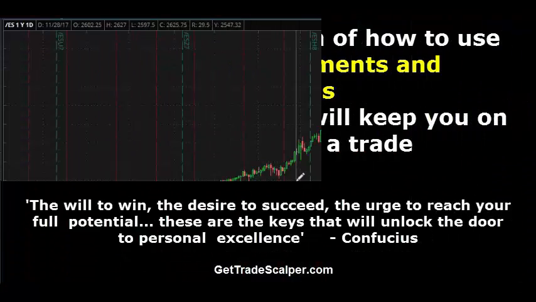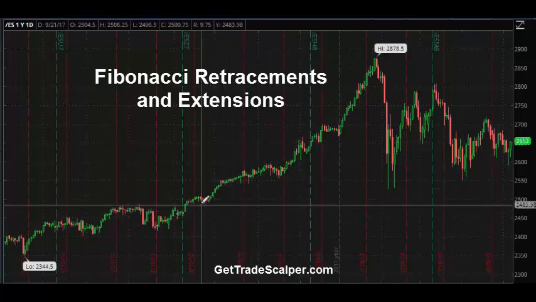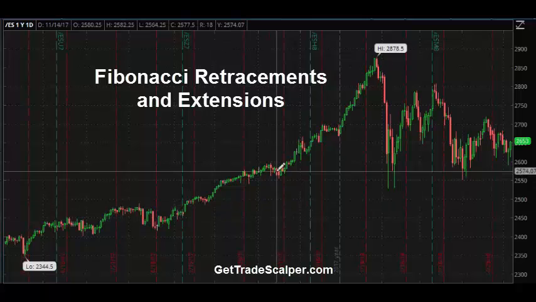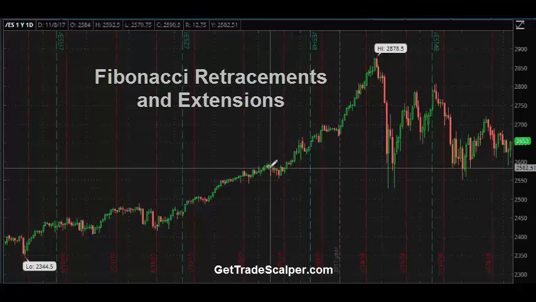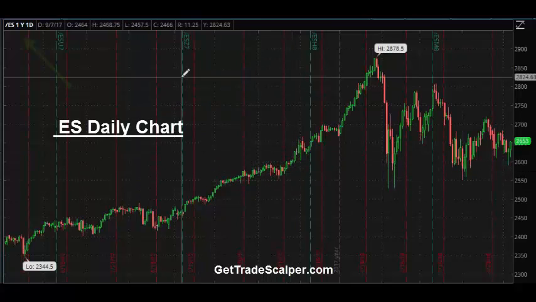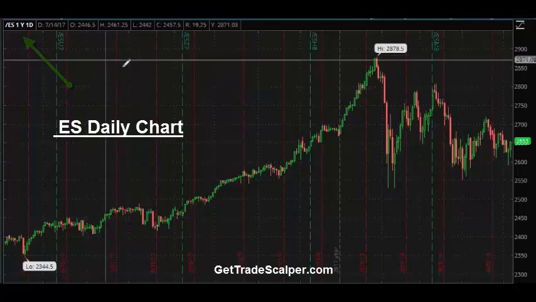Welcome back, traders. Today I wanted to do a demonstration as far as the Fibonacci retracements and extensions are concerned. Here you see we have a chart of the ES.